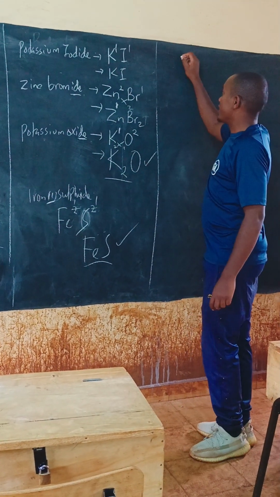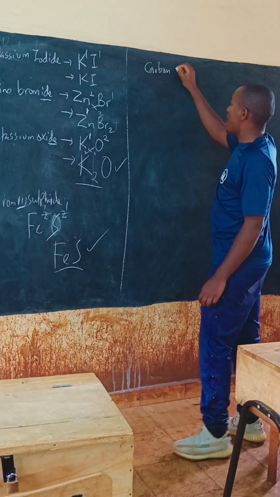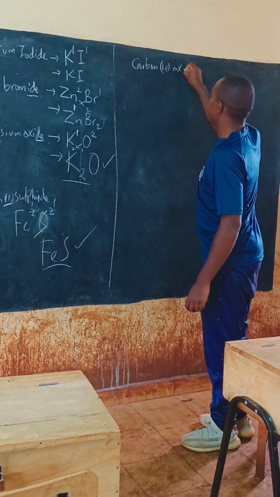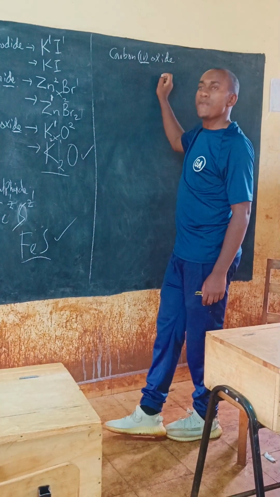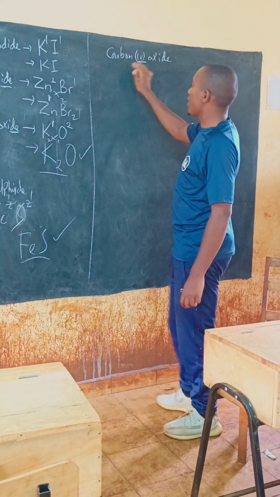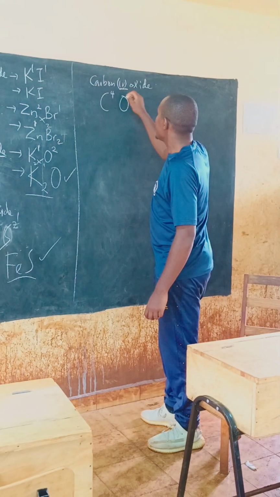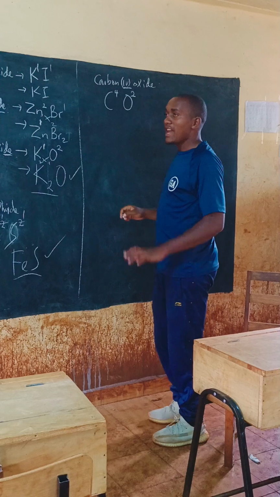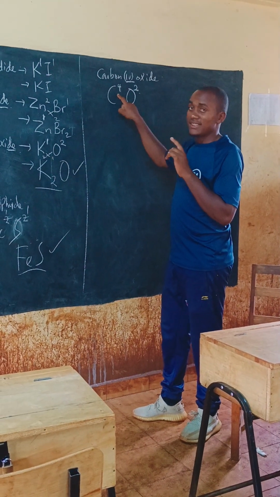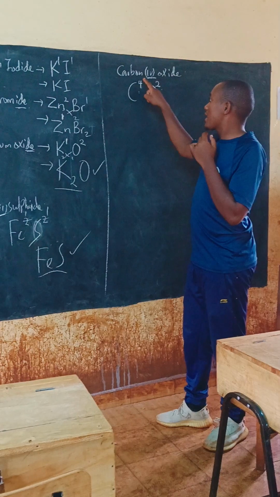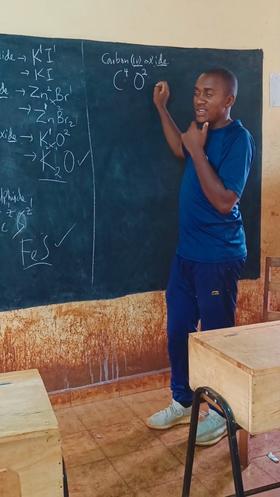Let's look at another one that is common, carbon(IV) oxide. Carbon is in valency 4. Oxygen valency 2. Now listen to this rule. Carbon(IV) oxide means we have two elements, carbon and oxygen.